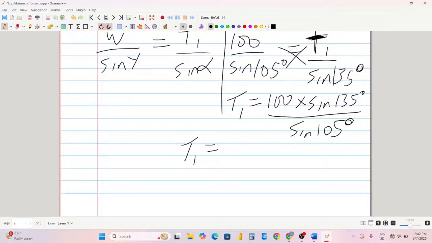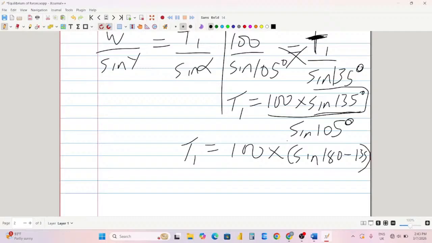Some of you will be wondering, but there's no sine on the calculator. How do we do 135? So obviously we did 180 minus 135, which is 45. So that challenge of not having sine on your UTME calculator, you will do 100 times sine 180 minus 135.